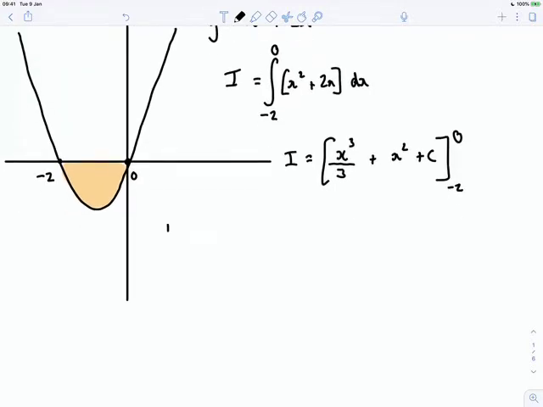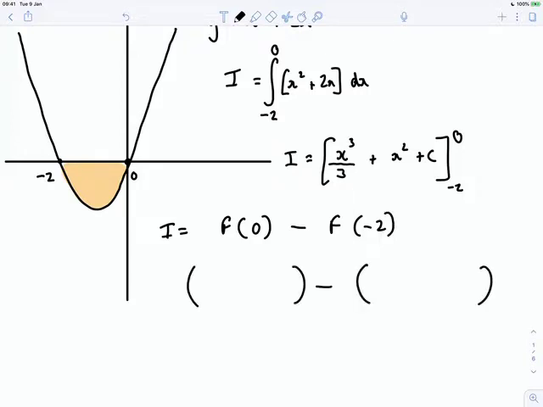Okay, and then fundamental theorem of calculus time. We're going to do F of 0 minus F of minus 2. So we're going to have brackets, brackets, minus brackets, brackets. When you substitute 0 into this, you're going to get 0 cubed over 3, which is 0, plus 0 squared, which is 0, plus c.